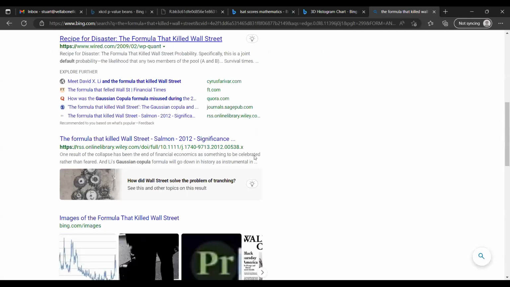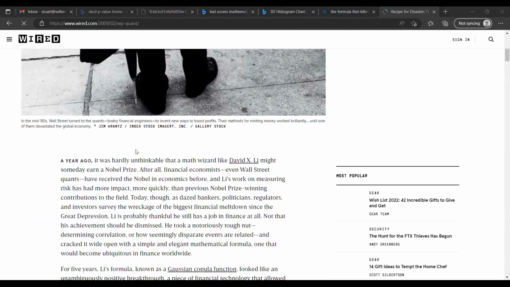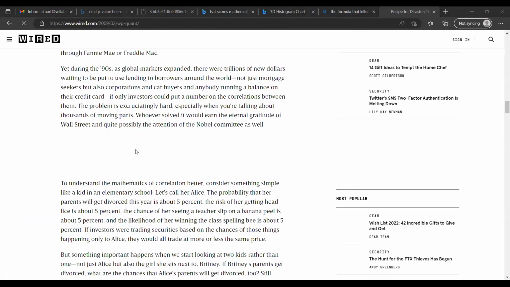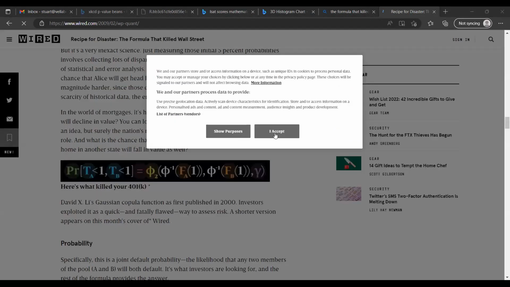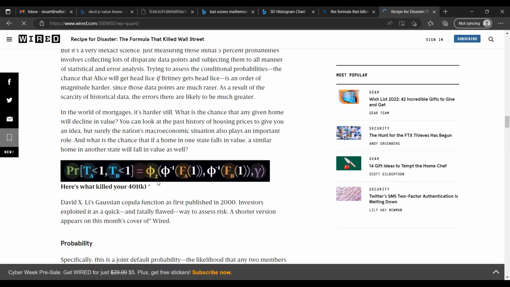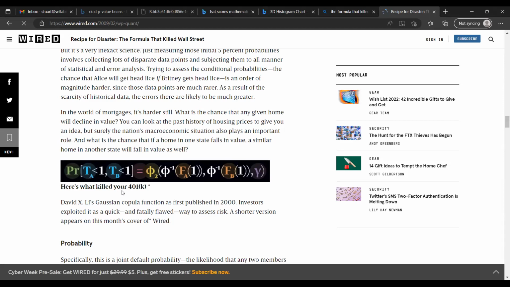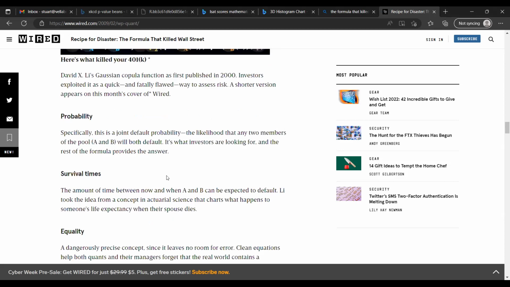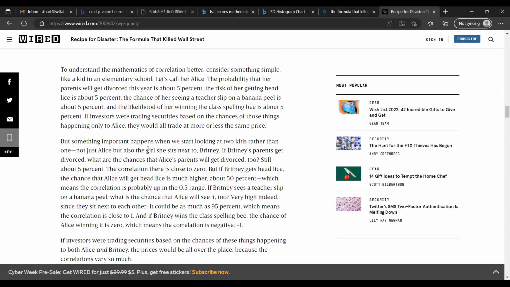Look, I don't know if I've ever shared this with you. I think there's actually the formula. So here's what killed your 401k. 401k is like a retirement fund. There are special tax breaks if you put money towards your 401k. Anyway, phi has to do with the Gaussian distribution.